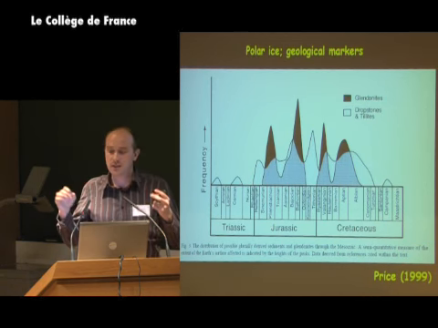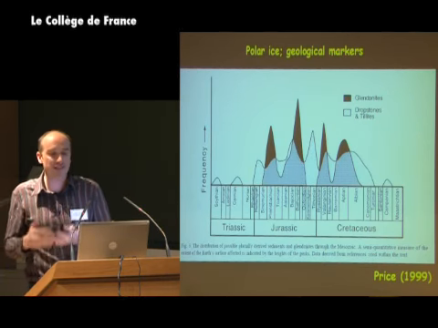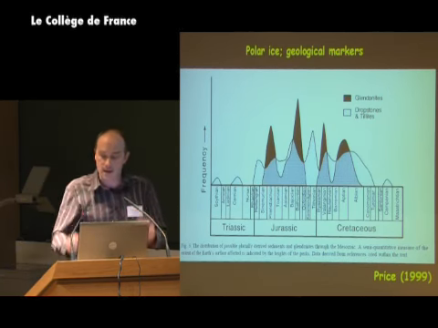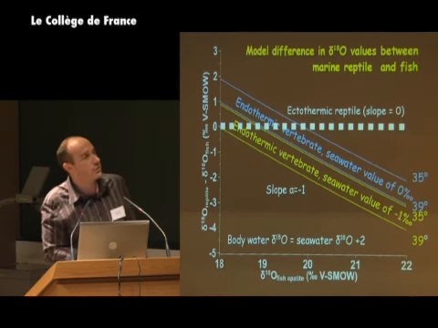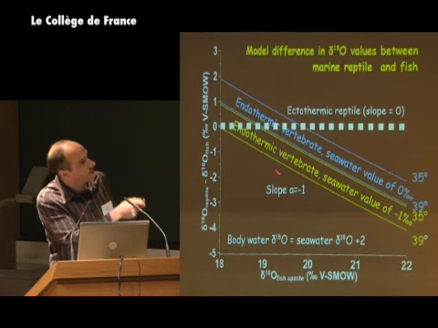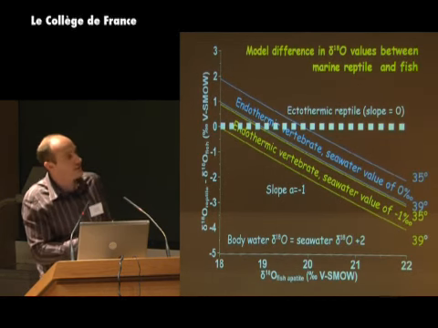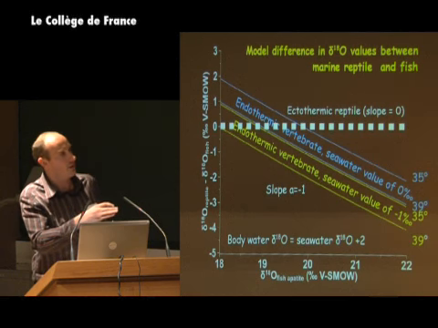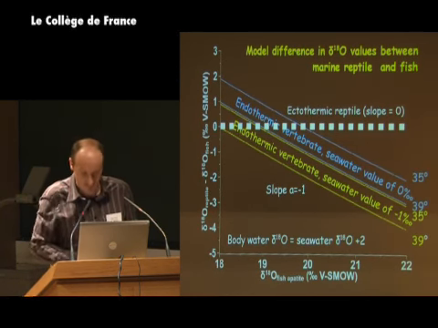So the real delta 18O values of seawater have fluctuated between about -1 and 0 per mil. So this is here the complete framework, which we will use to test our data.